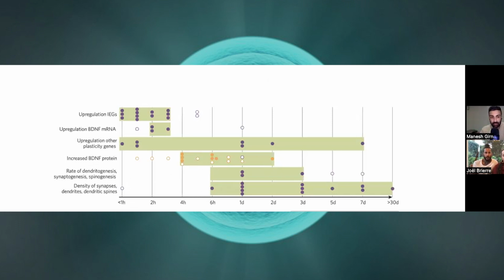And then at 6 hours, you start to get dendritogenesis, synaptogenesis, spinogenesis. Genesis means creation of: dendrites, synapses, spines. So the rate of these starts to increase, and then the density is found to be increased in one study up to 30 days later. It starts at about 6 hours. So for example, if you took some psilocybin, it's toward the end of the experience, actually, that your plasticity is primed.